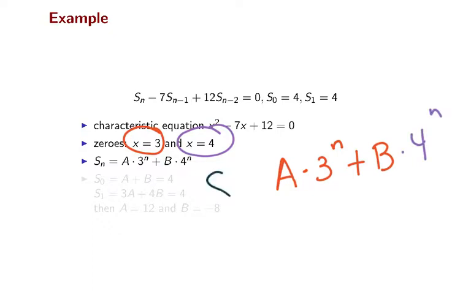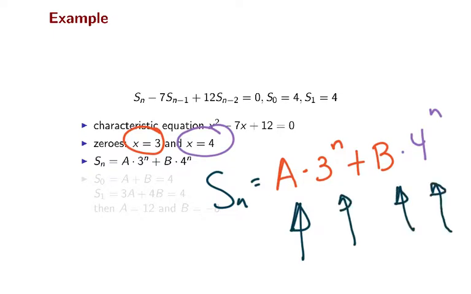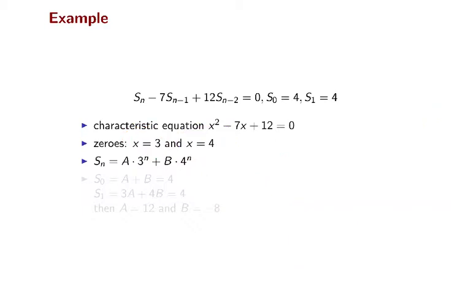So that is what equals Sn. Something, a root to the n, plus something, the other root to the n. And the order does not matter. And then we are almost there. We almost have the closed form, right? So we almost have what is equal to Sn. Only that these A and B are unknowns.